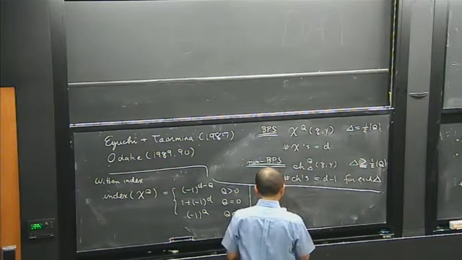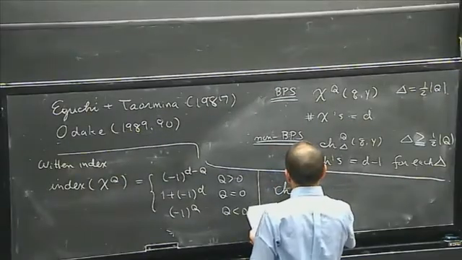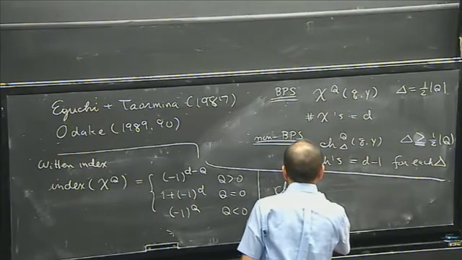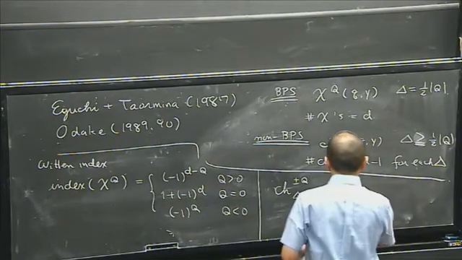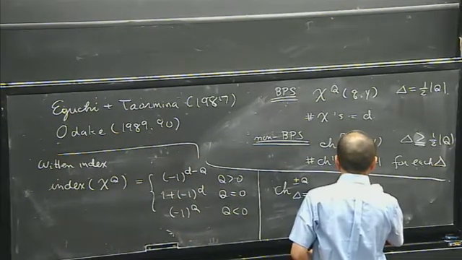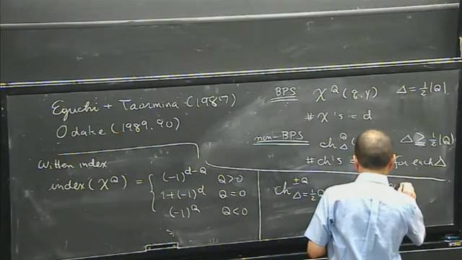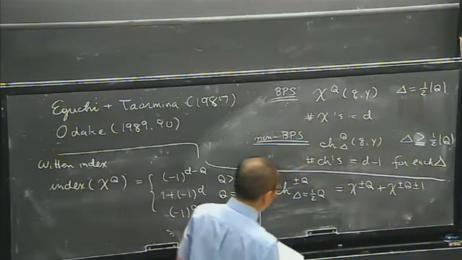Then you can ask what happens. If you have a non-BPS character hitting this bound, it becomes χ of ±Q plus χ of ±Q±1, depending on the sign of Q, I think.